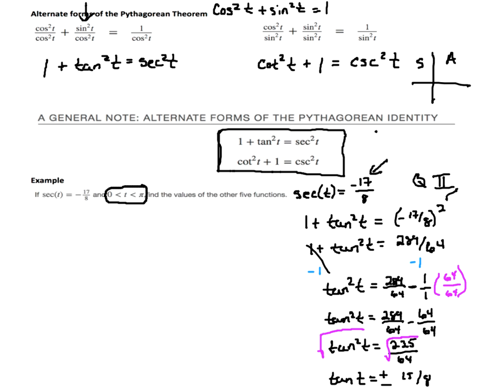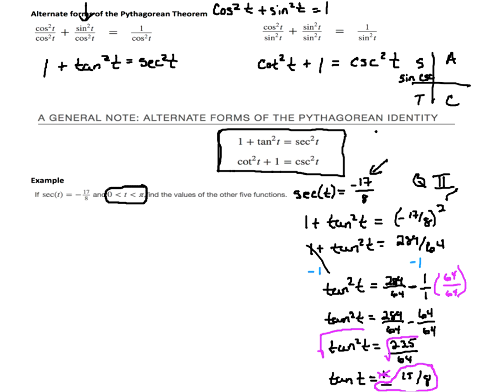Okay, so remember our little acronym, a SMART Trig class. In our second quadrant, the only things that are positive are sine and its reciprocal cosecant. That means my tangent in the second quadrant is going to be negative. So I don't worry about the positive. It's negative 15/8.